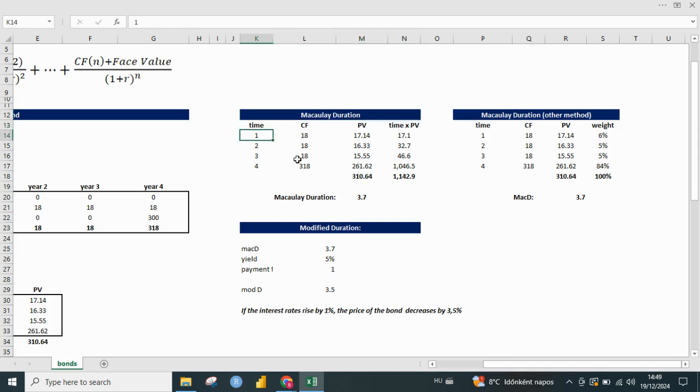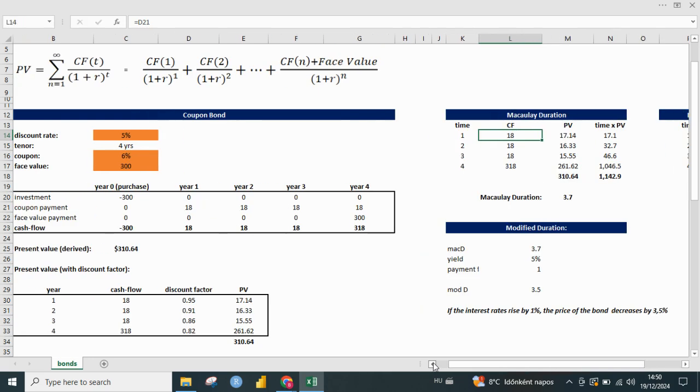Basically, we are computing these values, the Macaulay and the modified duration, for the asset that we have been analyzing in the previous lectures. As you can see here, we have 4 years, which is the tenure of the bond. Then we have all these cash flows, which are all linked to certain values from the previous chart.